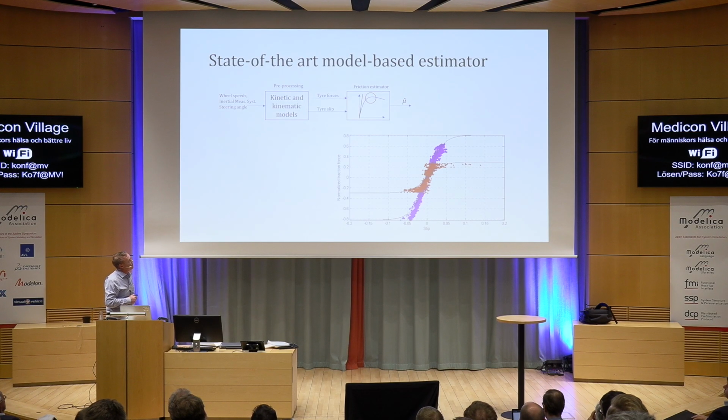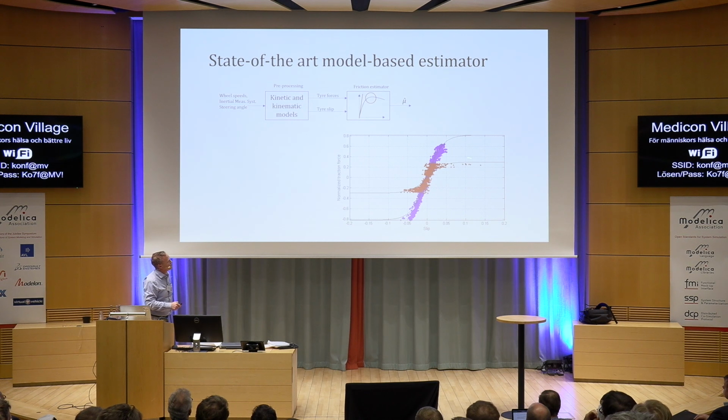Then by using a filter and a model-based design, friction can be estimated. What we can see here is measured data. This is a model for low friction and high friction. As you see here, for driving close to zero, it's impossible to say if it's low or high friction.